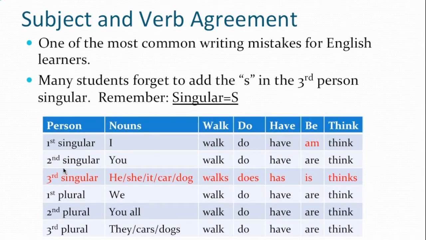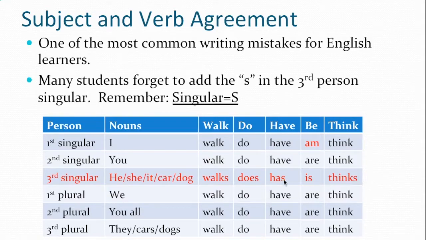In the second person singular, you have you walk, you do, you have, you are, you think. But in the third person singular, you have he walks, she does, it has, the car is, and the dog thinks.